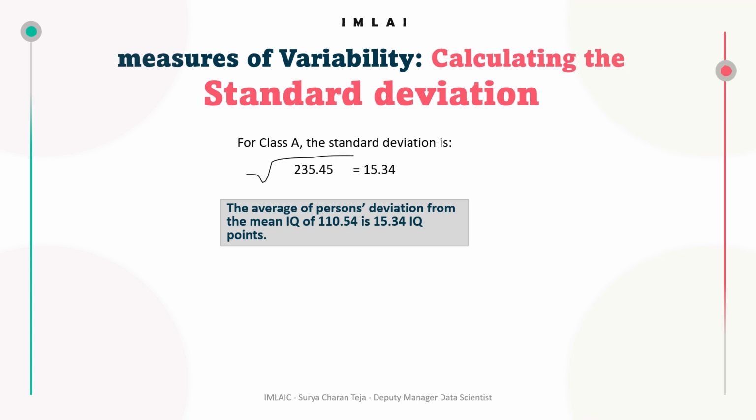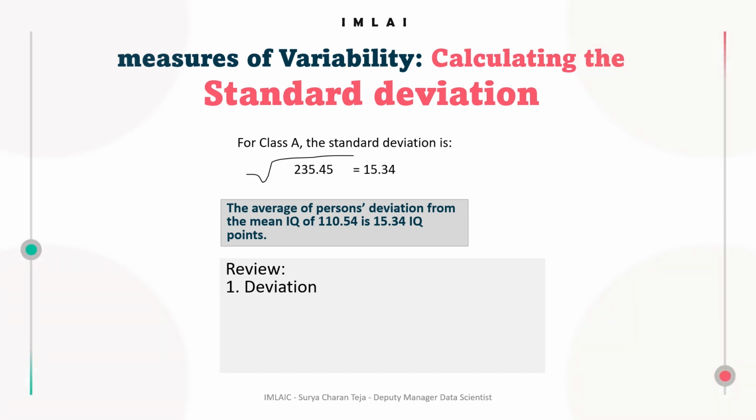Let's review one more time whatever we have seen so far. We began with calculating the deviation, that is yi minus y bar. So this is basically the individual observation minus the average or mean of the population or sample. Once you get the deviation, to suppress the negative values, we squared the deviation.